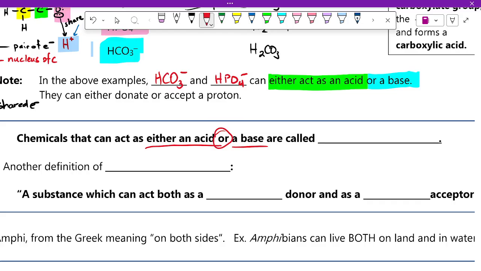That's called amphiprotic. Amphi meaning both. Protic referring to protons. So it can do both with protons. It can either donate or accept.